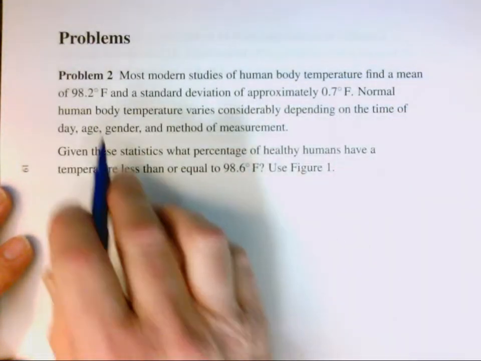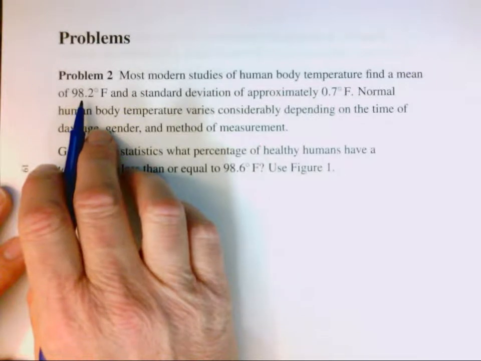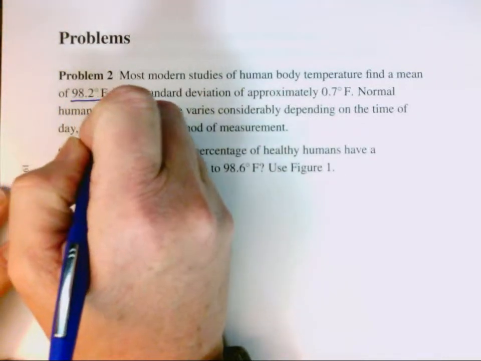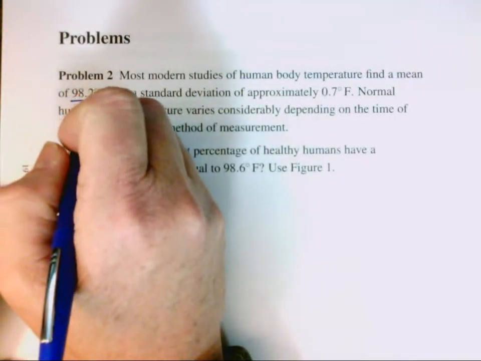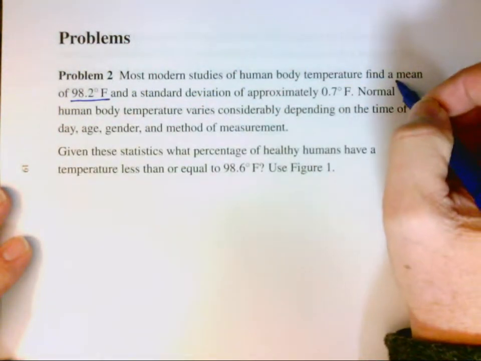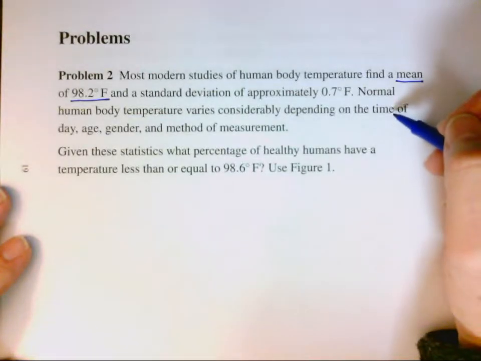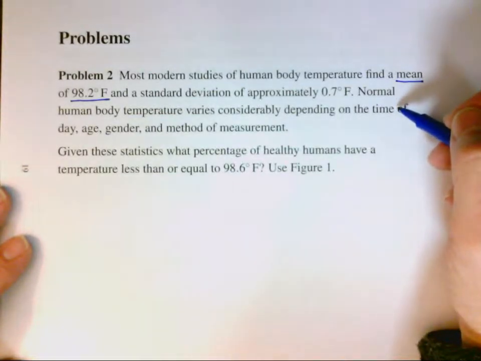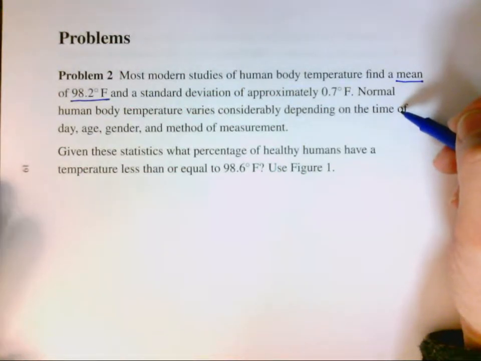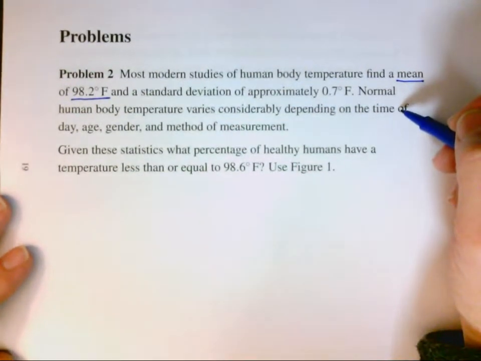Later studies have arrived at 98.2 degrees Fahrenheit as a more accurate measurement of the mean human body temperature. Now, this will vary quite a bit depending on at least time of day. Your own temperature will change as the day proceeds, age, gender, and the method and location of measurement.